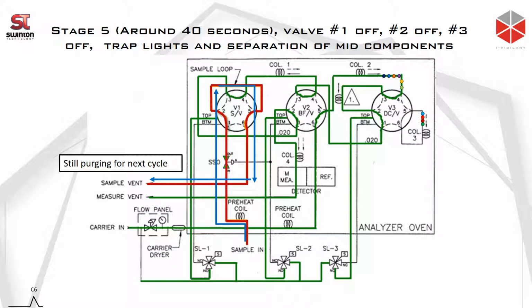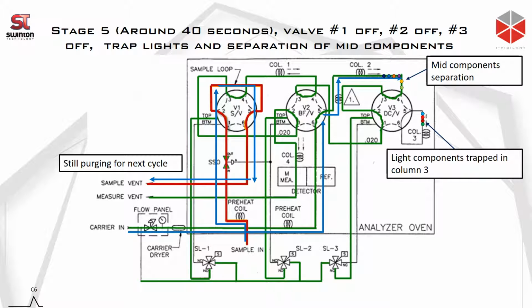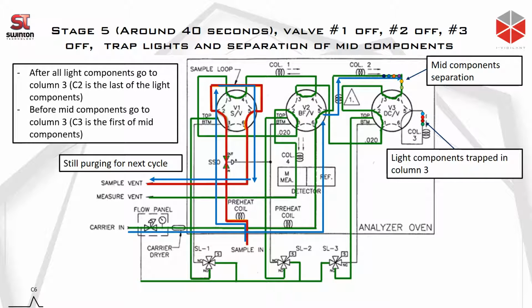It's still purging for the next cycle, and then we see the carrier gas go through column 2, and it will separate all the middle components. Again, this basically needs to happen after all light components go to column 3, but before any of the mid components go to column 3. If we see the flow, it will go through column 1 and it goes into the measurement detector.